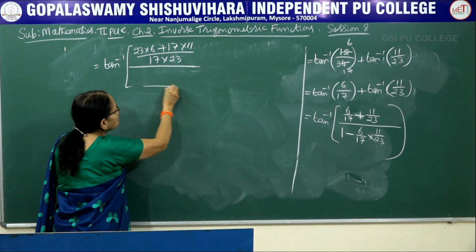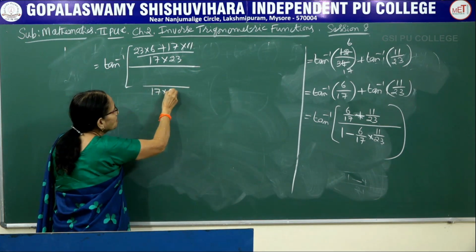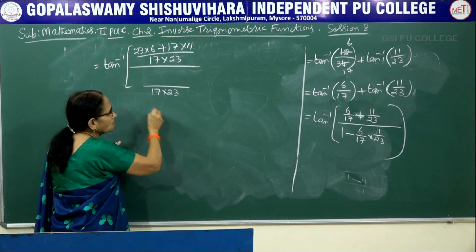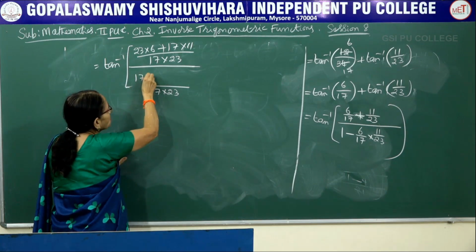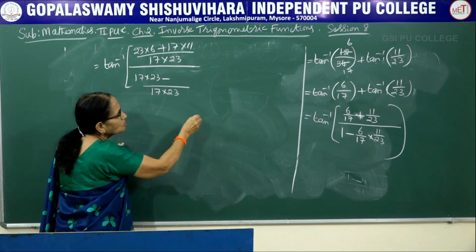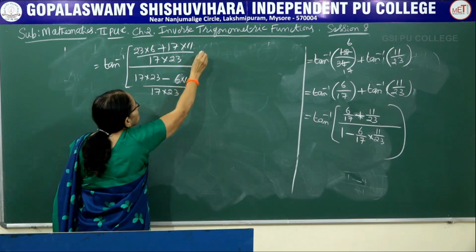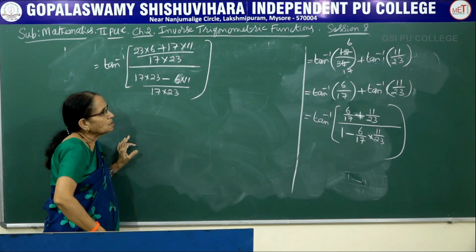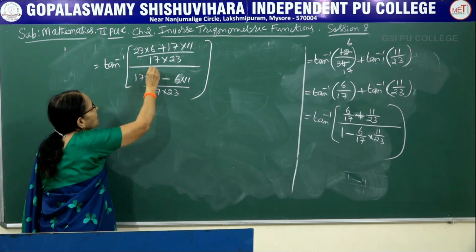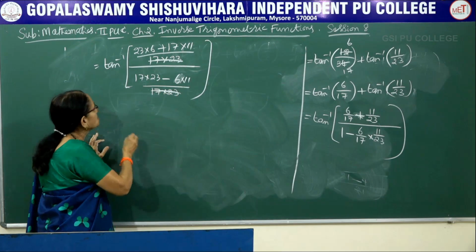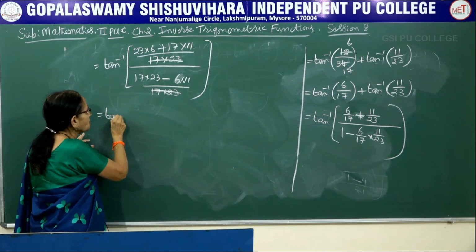Similarly, denominator also LCM is 17 into 23, and here 17 into 23 minus 6 into 11. Now first cancel the LCM. Now let us simplify first.